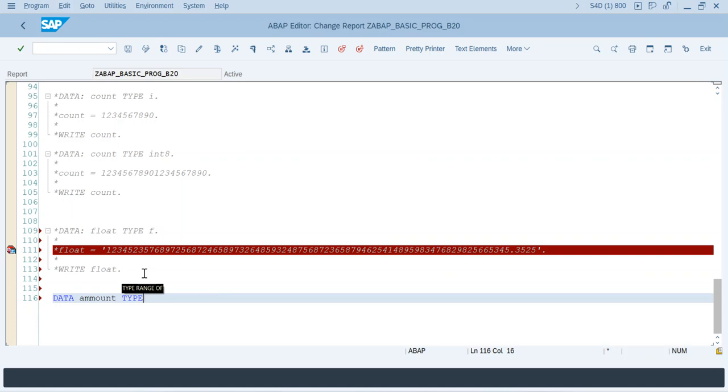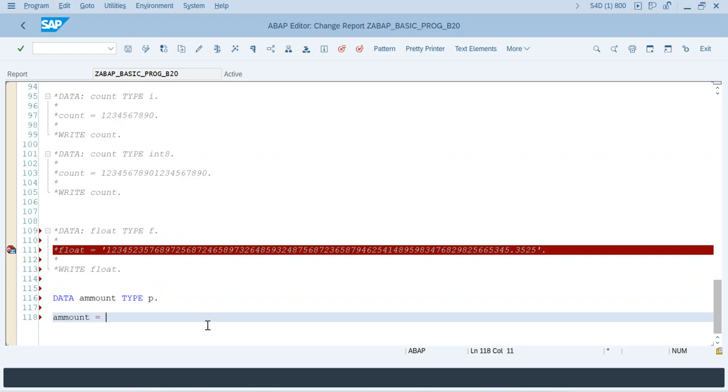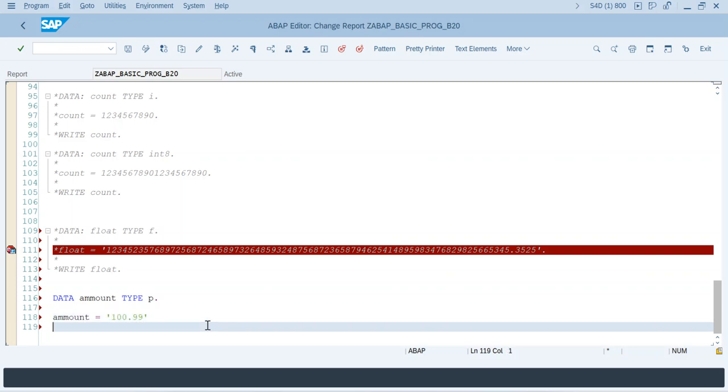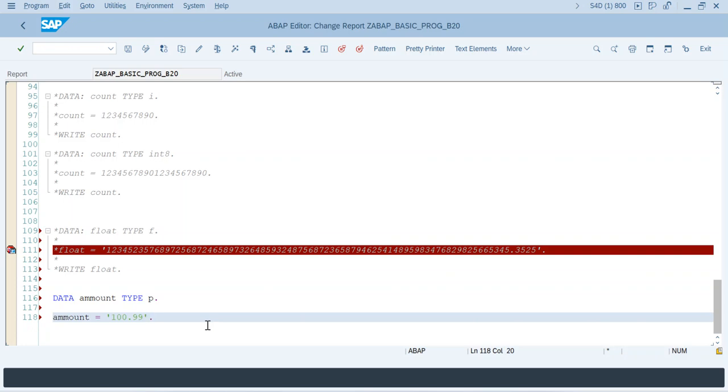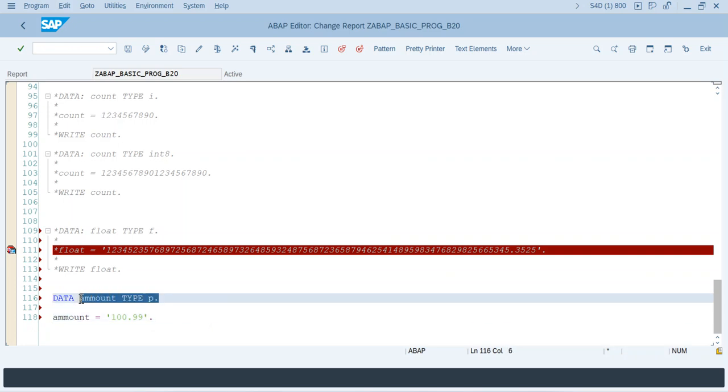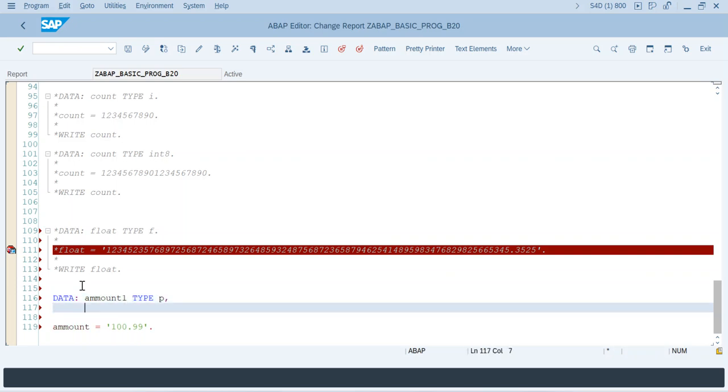Amount type P. Okay, and let's say here amount equal to 100.99, and I'll have one more. Maybe let's take it as amount 1. Amount 2.